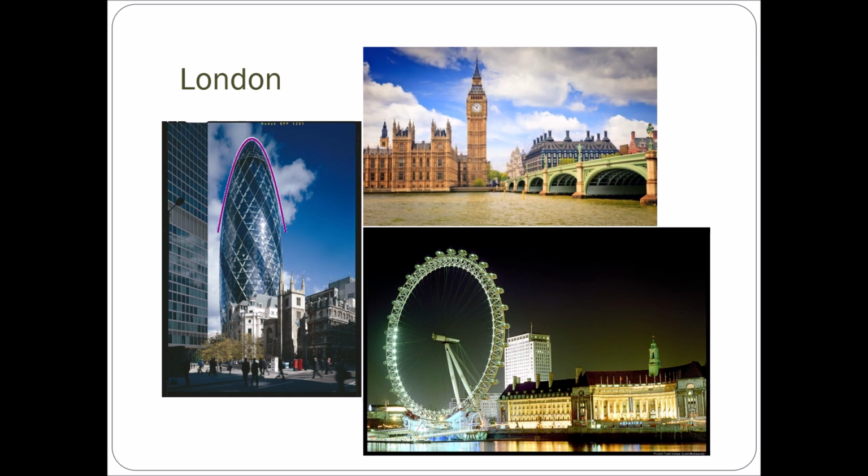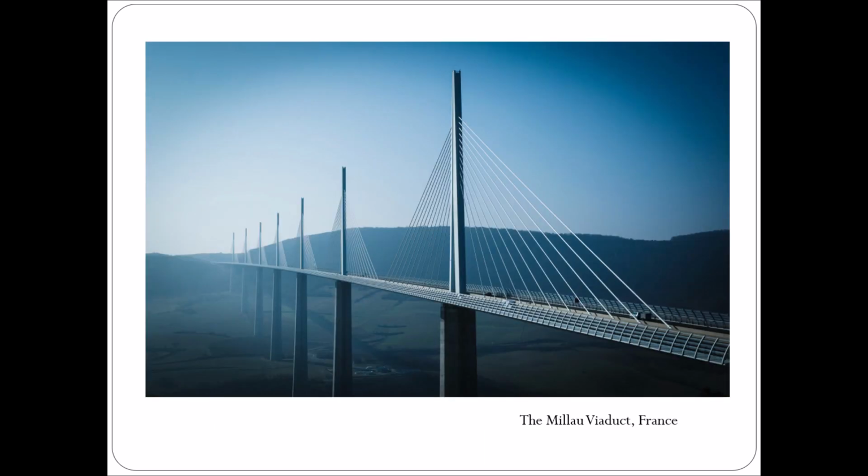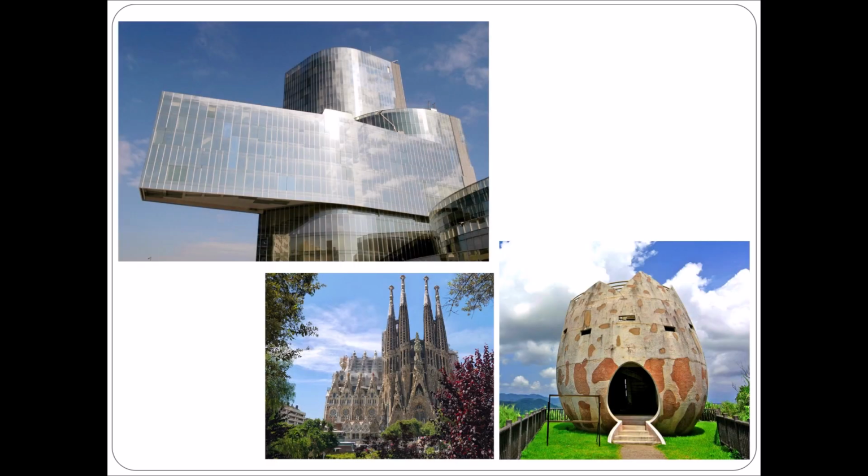So our modern buildings are also affected by form and shapes, geometry, and how to use it to create a very aesthetic, very good environment. In Dubai, the rotational solid for their concept tower comes from the wave. Then there are the Piano House and the Millau Viaduct, and we have these kinds of forms.